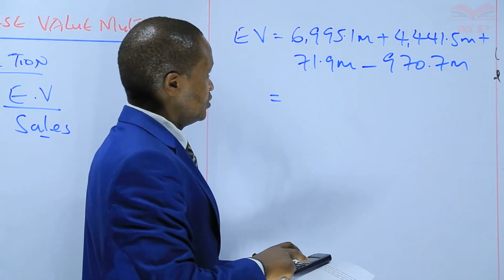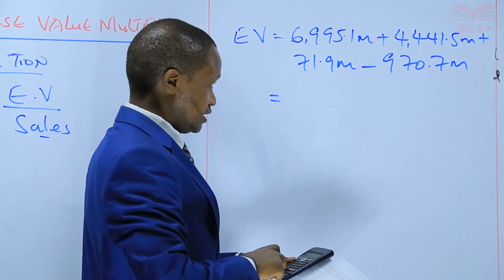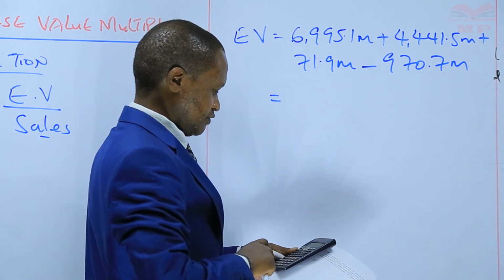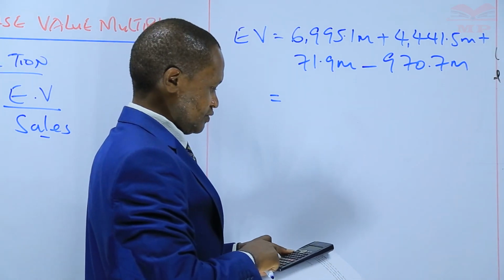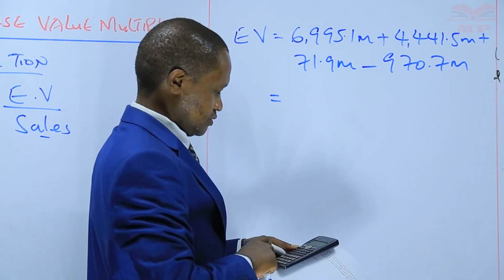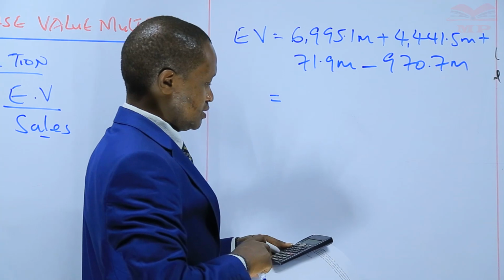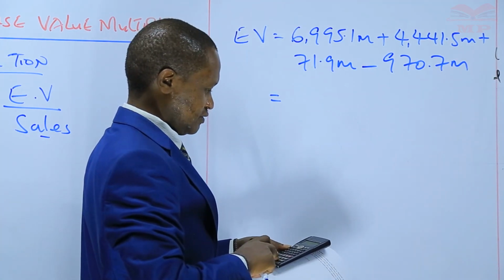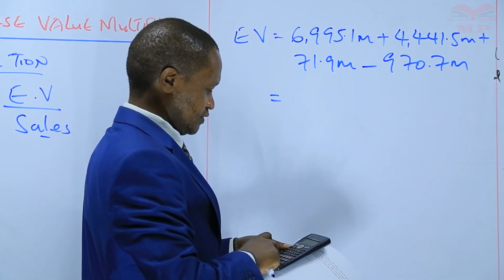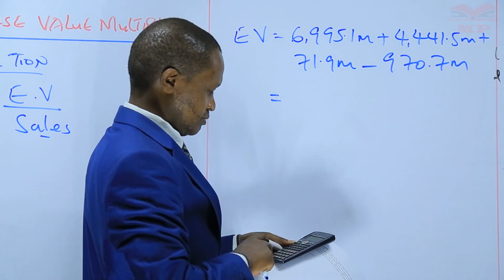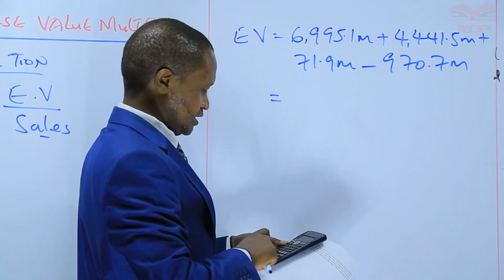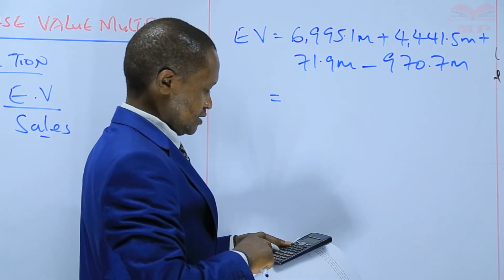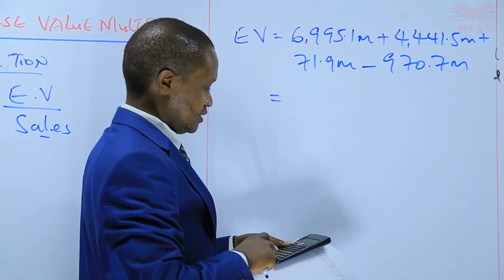So 6,995.1 plus 4,441.5 plus 71.9 minus 970.7.